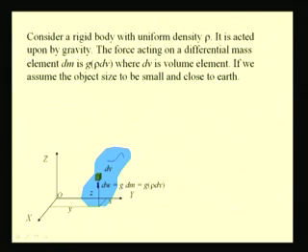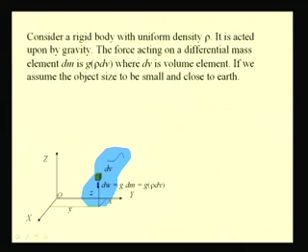So, if we assume the size of the object to be small and close to earth, then the assumption that all these vectors dW are parallel is valid. With this assumption, let us see how to find the resultant of all these forces, that is dW.